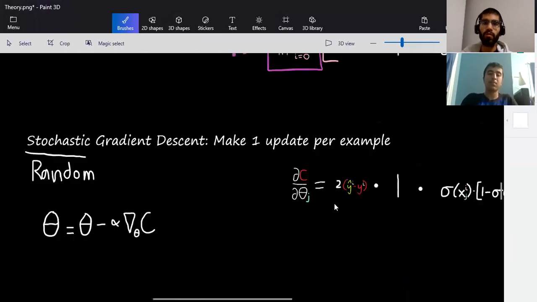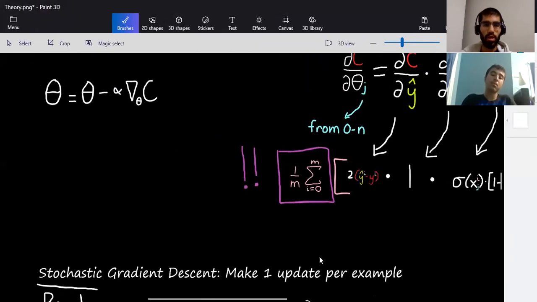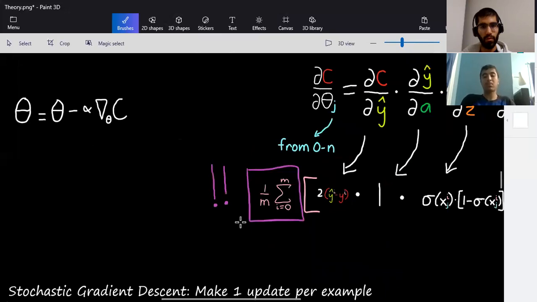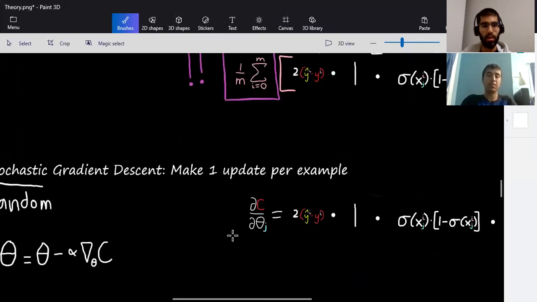So the trade-off is with batch gradient descent, it's pretty simple. However, it's not very computationally efficient. So it takes a lot of resources, but gets the right answer pretty predictably. Over here, it does not take a lot of resources, but is a lot more random. Might not get us the right answer.